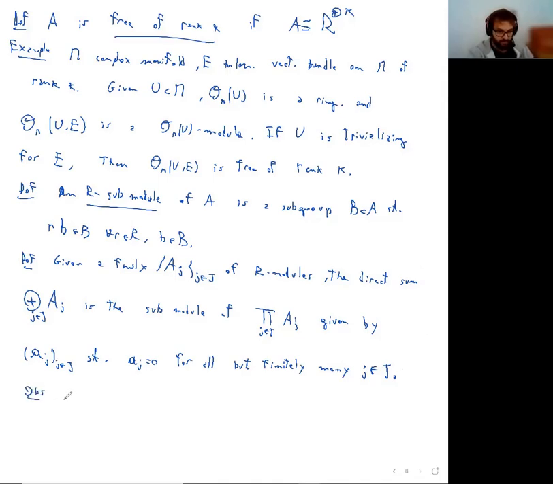Some quick observations: if you have a morphism between modules, then both the kernel and the image are submodules.